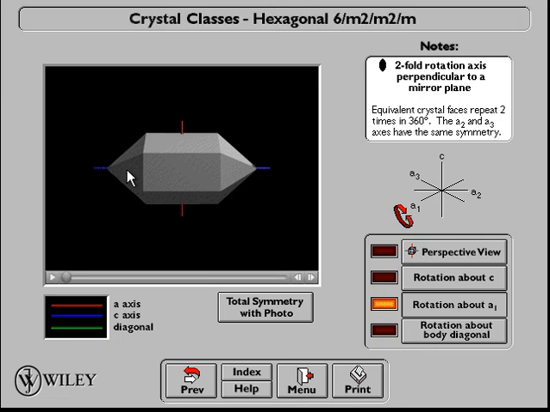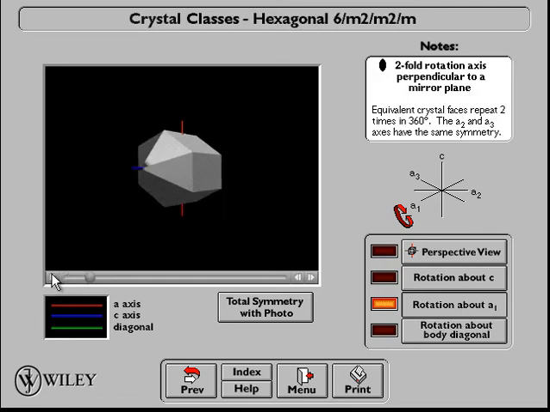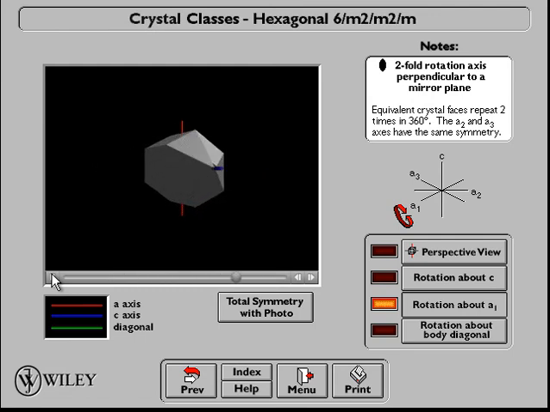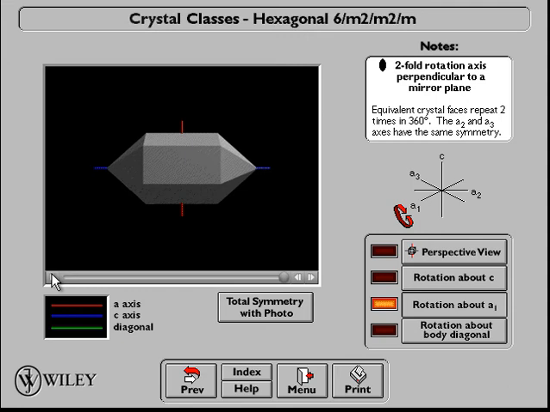Equivalent crystal faces repeat 2 times in 360 degrees. The A1 and the A3 axes have the same symmetry. So now we are checking if this is true. Okay, this is true.